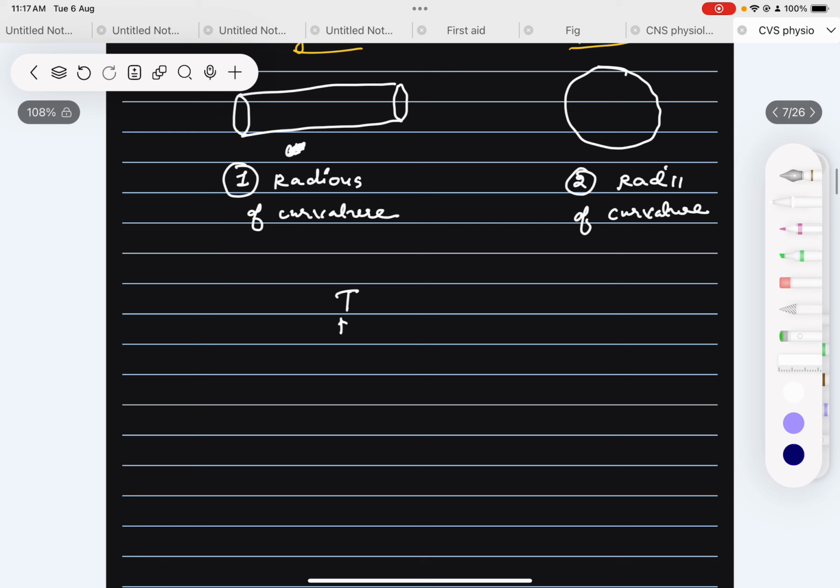Now the wall tension is equal to the distending pressure into radius. So this is the distending pressure.